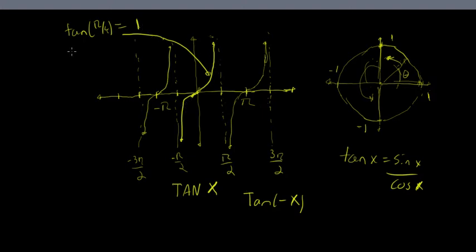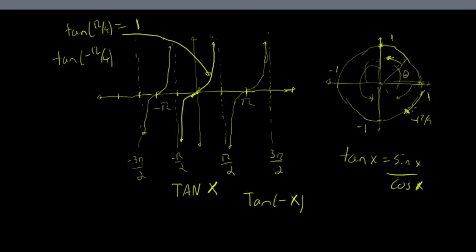But what about the tangent of negative pi over 4? Heading pi over 4 in the clockwise or negative direction here, this is negative pi over 4. You can see sine is going to be negative here, but cosine is going to be positive. And in magnitude, they're going to be exactly the same.